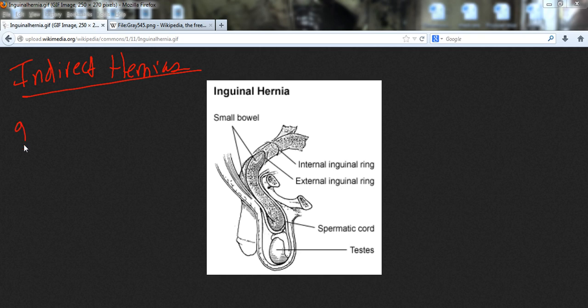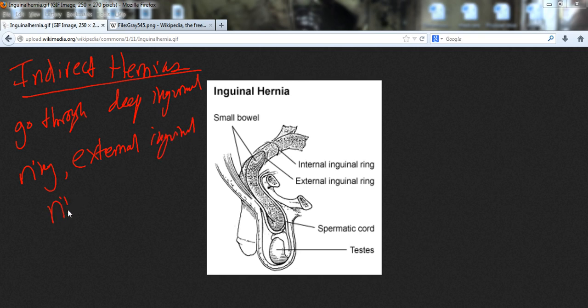So we're going to go through the deep inguinal ring, and then we're going to come out through the external or the superficial, the naming doesn't matter, inguinal ring. It's going to follow the path of your inguinal canal contents. Anything that goes through the inguinal canal, normally this is going to be the pathway for the indirect hernia.